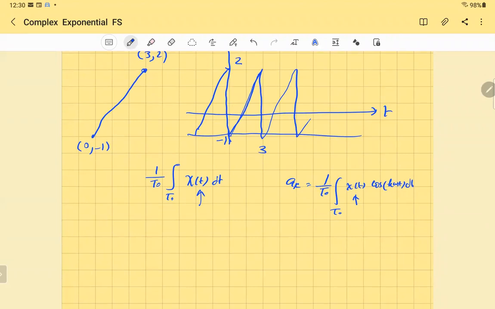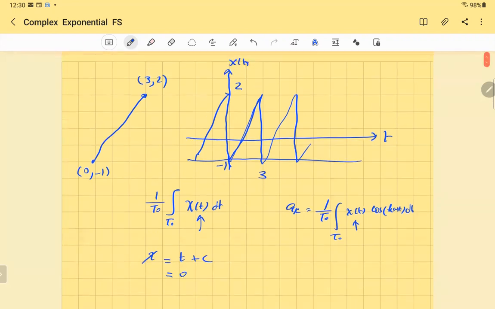And also the horizontal is equal to 3. I can say that the slope is equal to 1. And it's positive. So I'll say x of t is equal to 1 times t. And then I don't know about the y-intercept. How do I find the y-intercept? Let me just write now, this is x, not to confuse you. At t equals 0, what is the value of x of t?